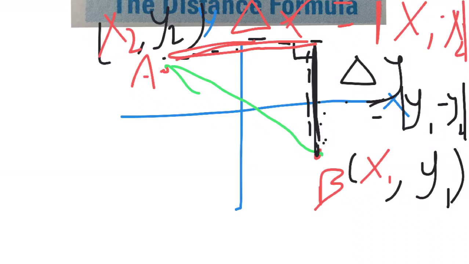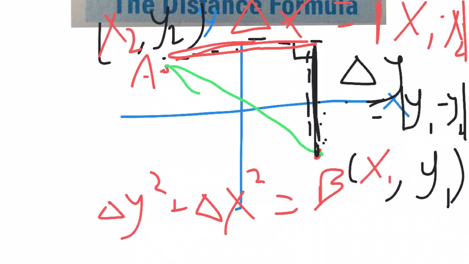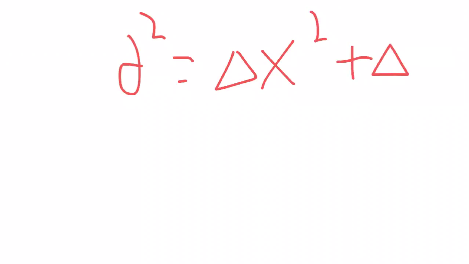And if you do the Pythagorean theorem, delta y squared plus delta x squared, you get the distance squared. So let's rewrite this on a neater page. The distance squared is equal to delta x squared plus delta y squared.